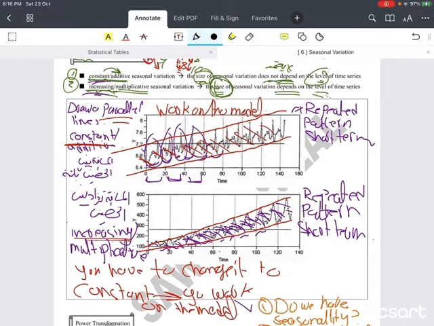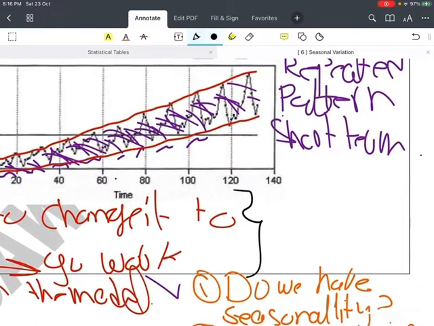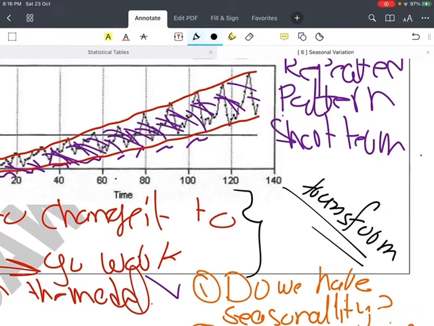Here they say that the method, or the process, that will change the seasonal variation from increasing to constant is called a transform. What is it called? It is called a transform.